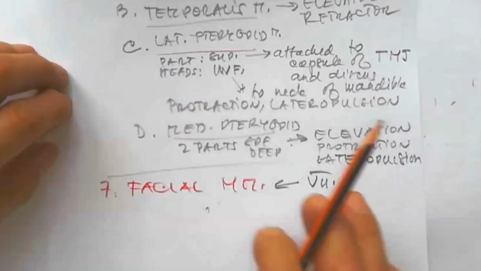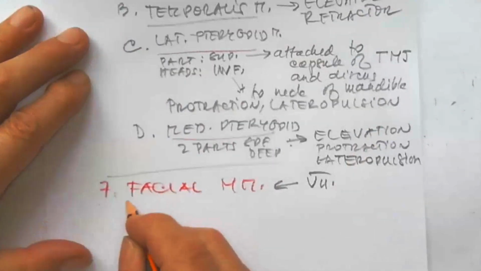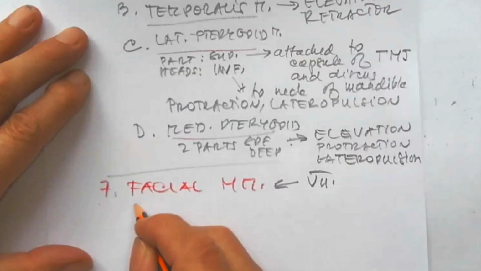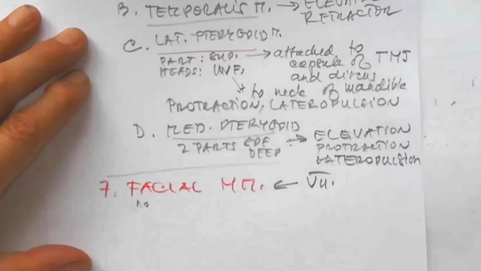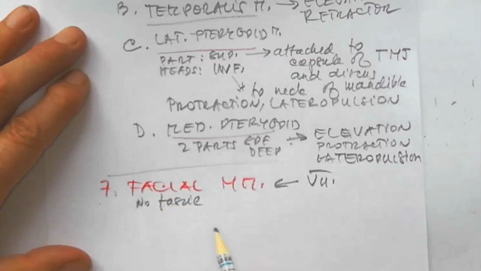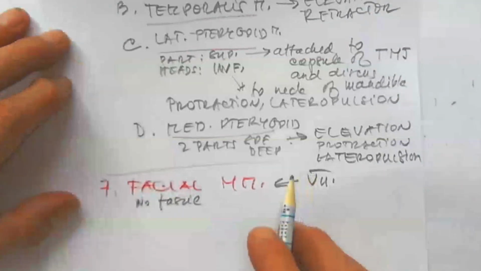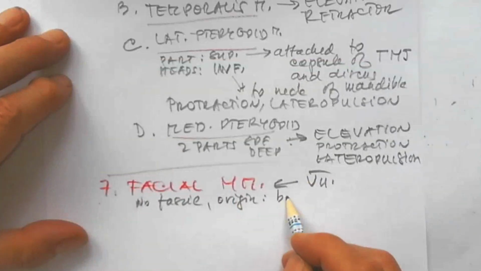First of all, before we start with the categories, they don't have fascia. In fact there is no fascia, because if they have some fibers, it's not fascia. Origin is on the bone.